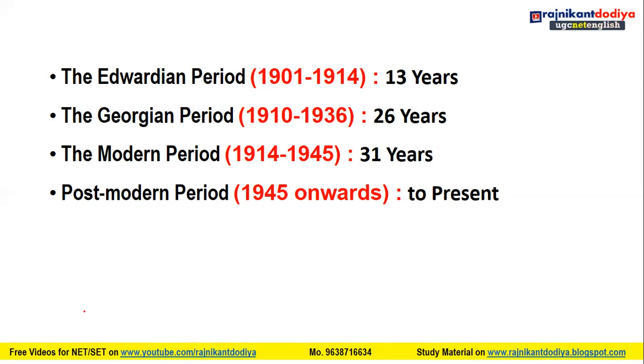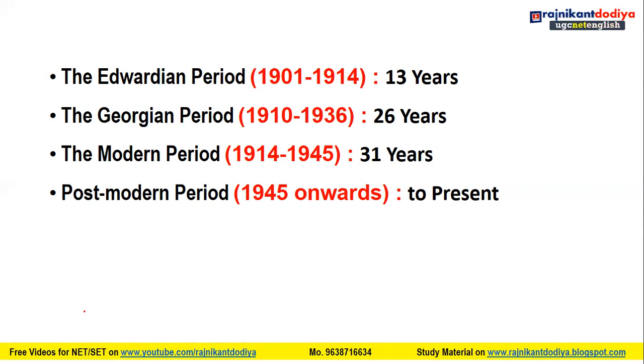It also began in England, and it continued for 31 years till 1945, till the Second World War ended. In 1945 it ended, and it had begun in 1939. So this particular period, the modern period, is also considered the modern age.